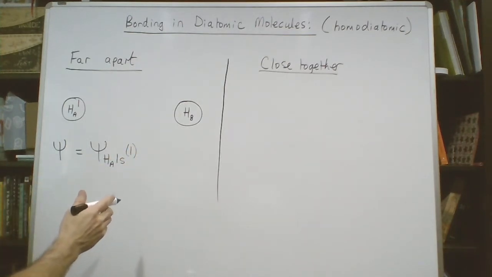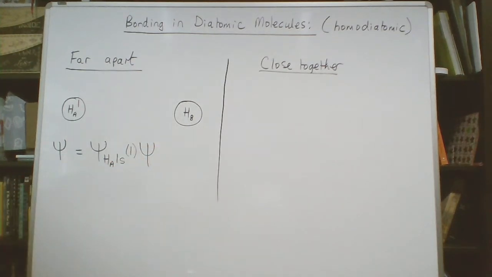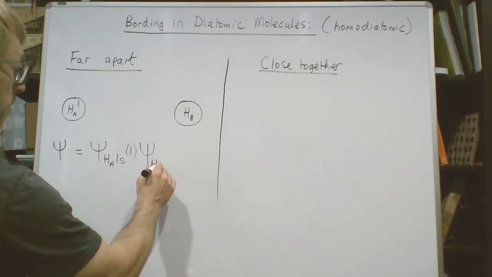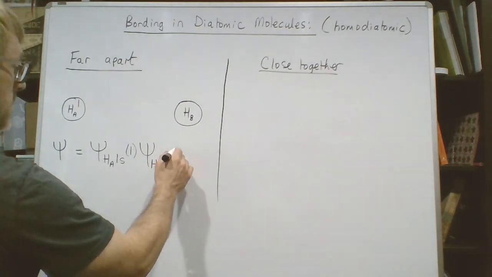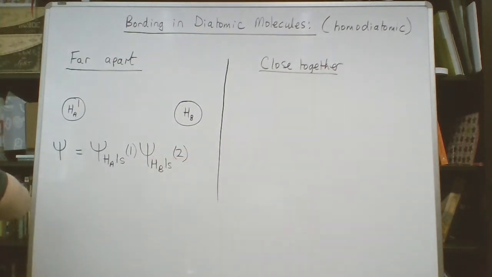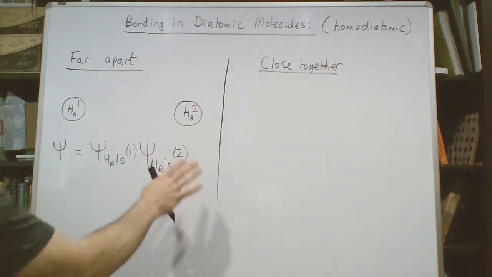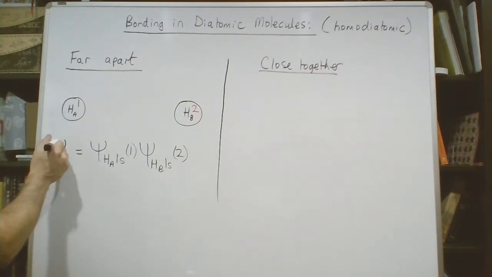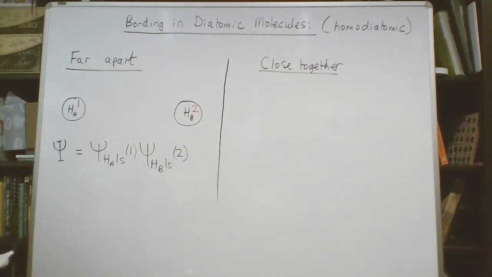And I've also got a wave function for hydrogen B. The electron is in a 1s orbital, and let's say it's electron 2. So I'll write the number 2 here. If I look at the overall system, let's call this capital psi, it would be this product here.